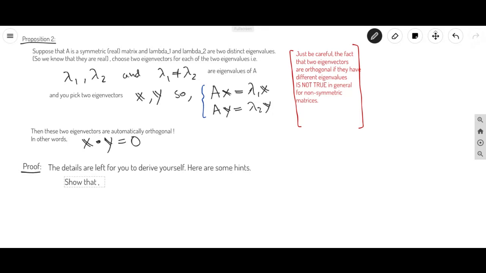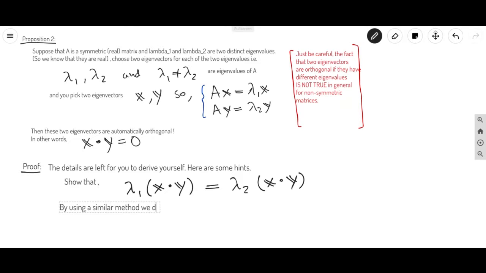You have to show that lambda 1 multiplied by x dot y is the same thing as lambda 2 multiplied by x dot y. The way you show it is by using a similar method to the one we used in the previous proposition. It's kind of the same thing.